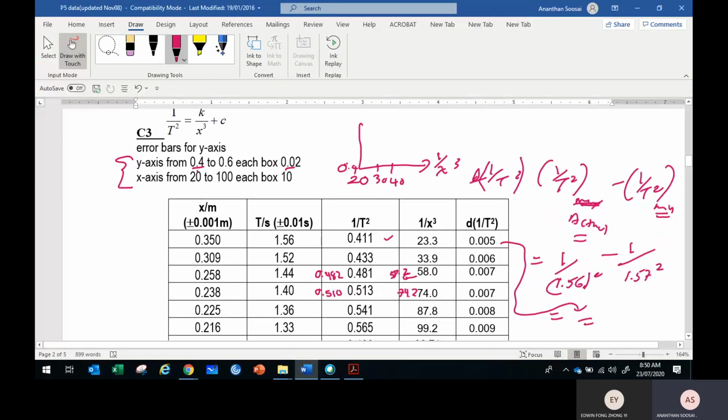So 0.4, the next one is 0.42, not 0.402. Every one box is 0.02: 0.42, 0.44, 0.46.